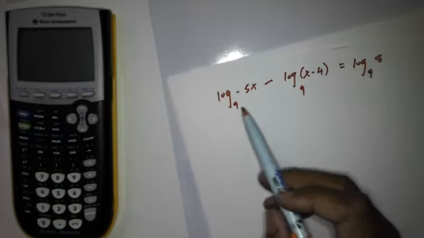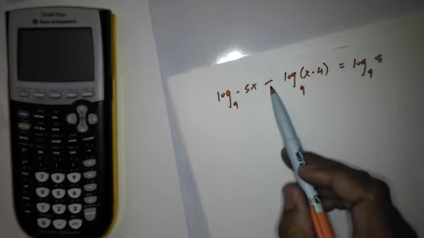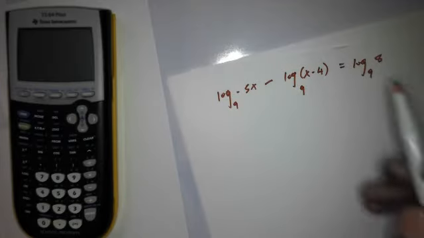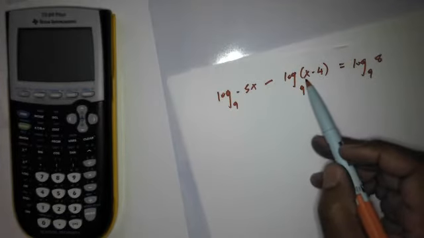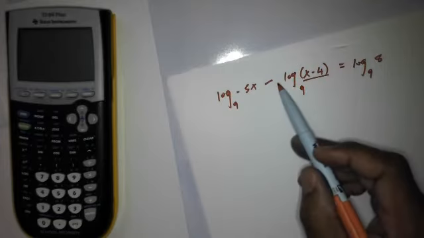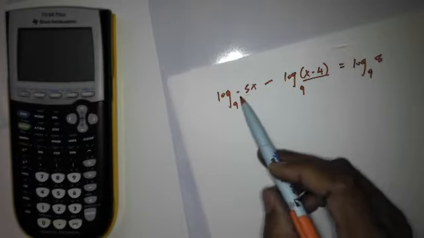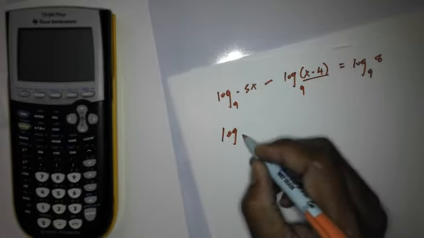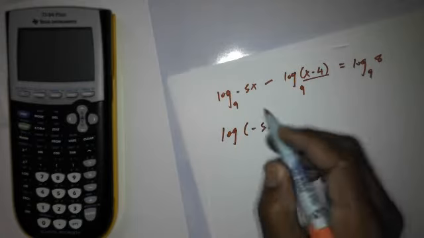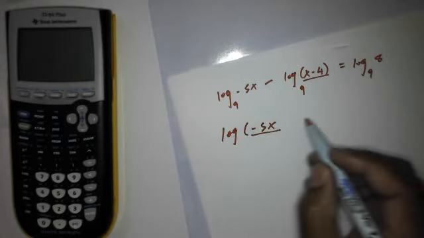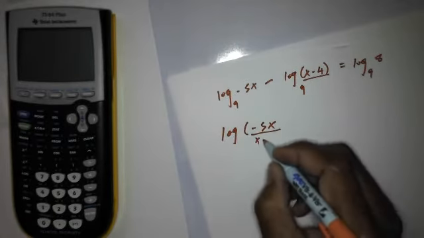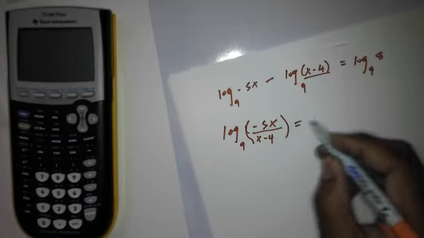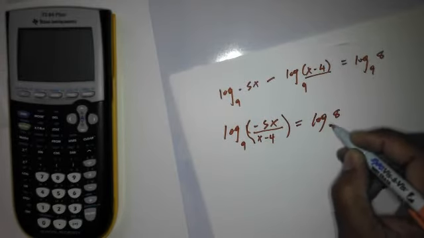Now, once the bases are the same and you are subtracting, we call that our quotient law of logarithm. So we will use the argument of the negative log to divide the argument of the positive log. We're taking one log of both, so that's log of negative 5x, because that's the argument there, divided by this argument, which is x minus 4, and then we keep the one base here, which is 9, and that equals log of 8 base 9.